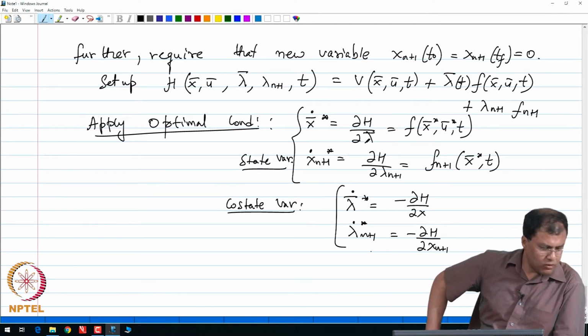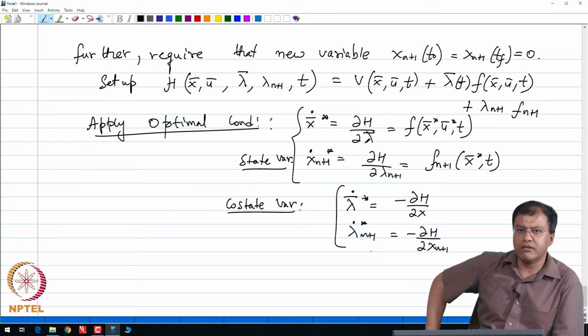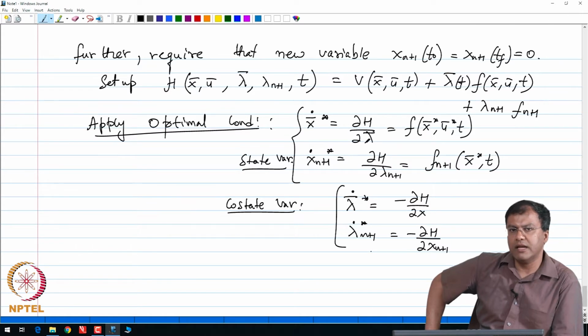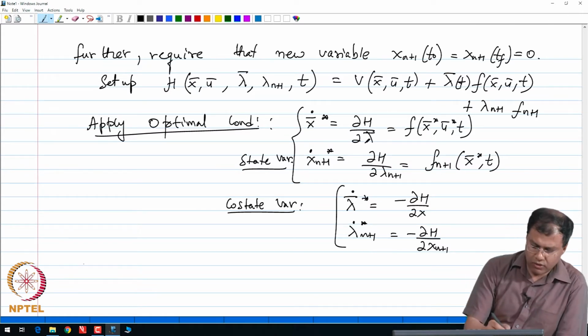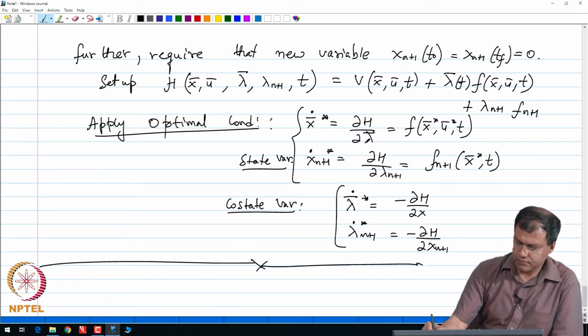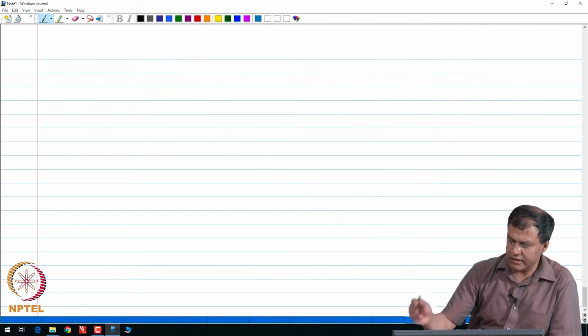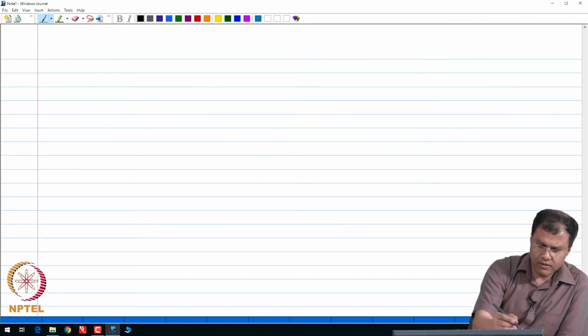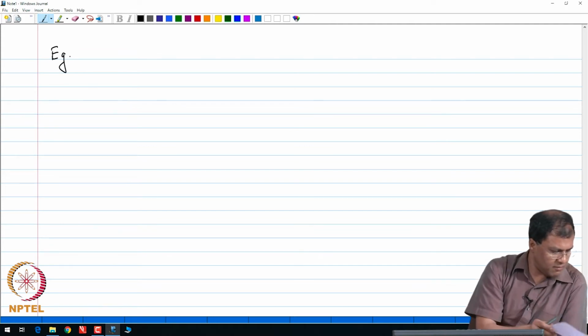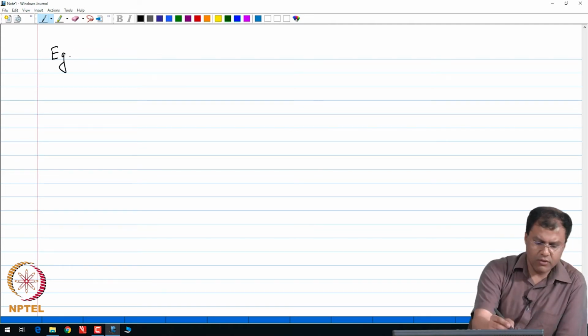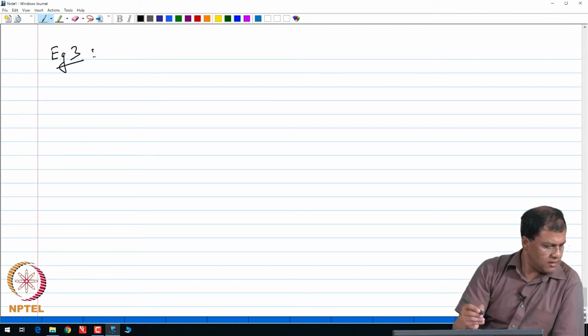Okay. So, let me just highlight this penalty function method with an example, right. So, let us look at an example. So, this is example number 3.